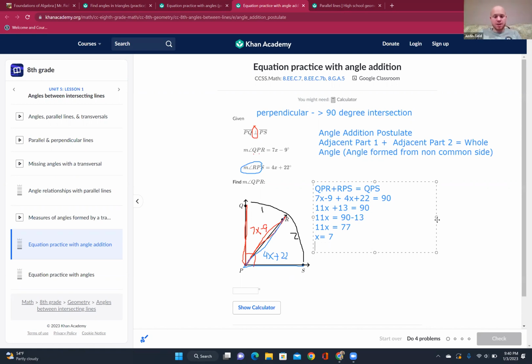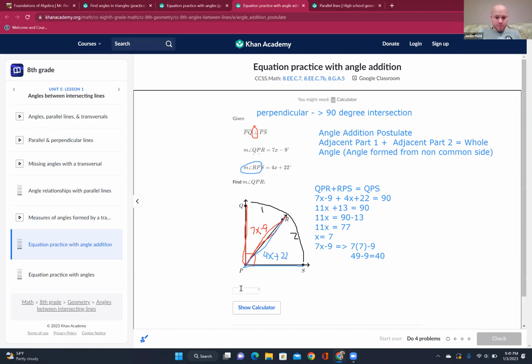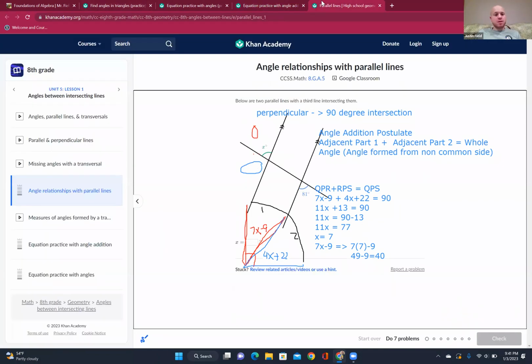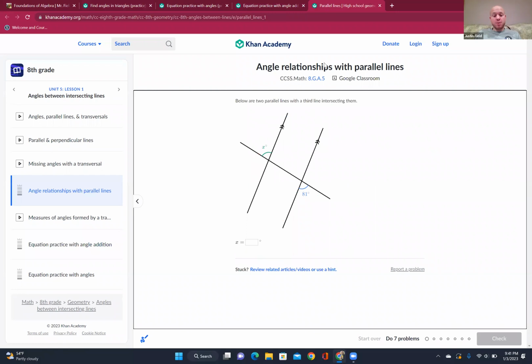So looking back, that's 7x minus 9, which implies there's 7 times 7 minus 9, which is 49 minus 9. Aha, it's falling right into my lap here. 40. Boom. So is it 40? It's 40.